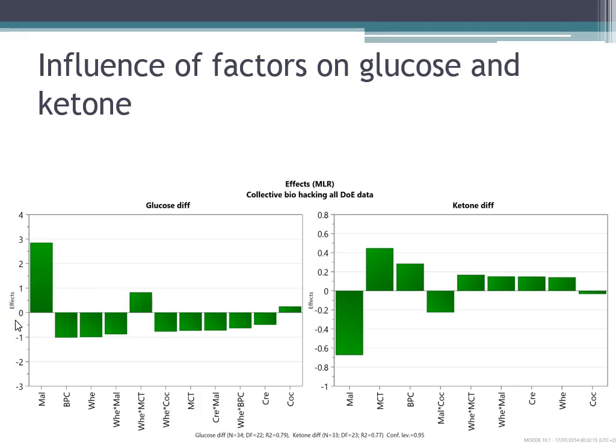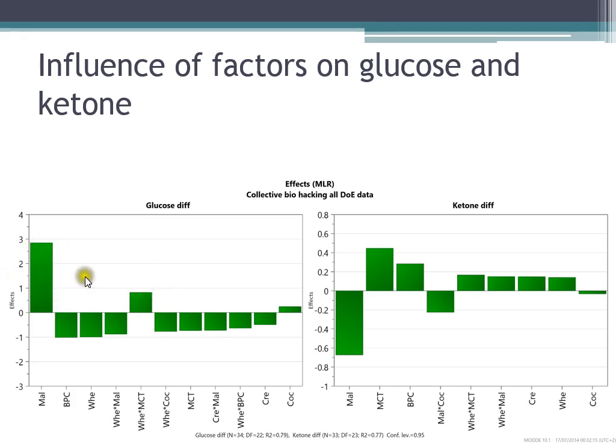Here anyway, what this says is if I take maltodextrin, the amount used in the study, that was 40 grams, the largest amount, the blood glucose will increase almost 3 units. It sounds very reasonable.